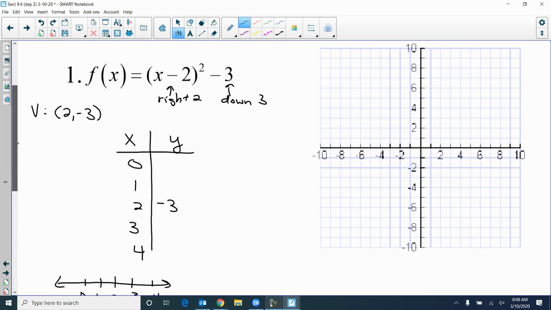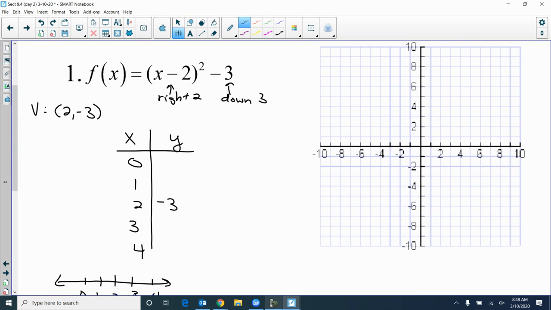Sorry, there's the equation. Okay, so there's your equation. Plug in 0, see what you get. Plug in 1, see what you get. Yes, use your calculator is fine. Absolutely.